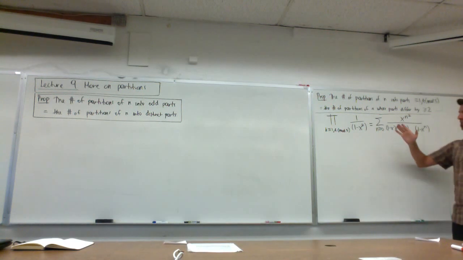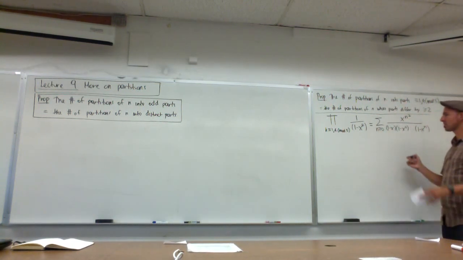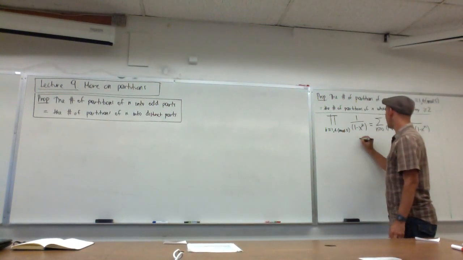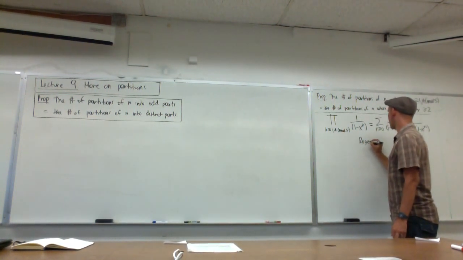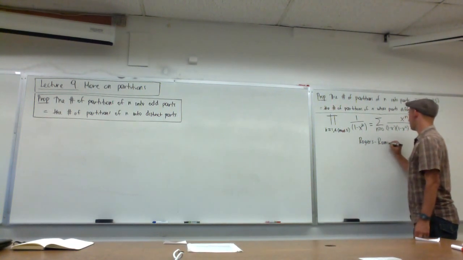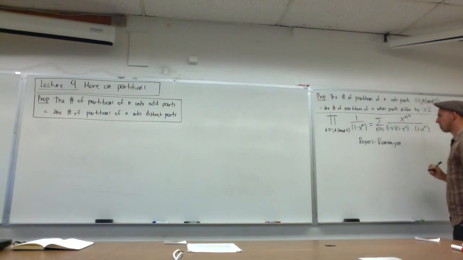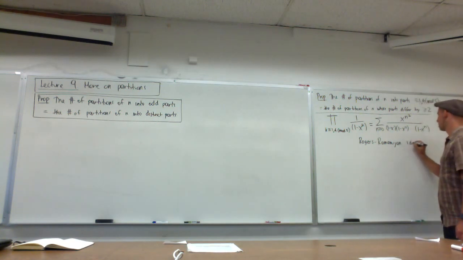Okay, so combinatorial statement is in some sense an analytic statement. And these two identities that I just mentioned are known as Rogers-Ramanujan identities.